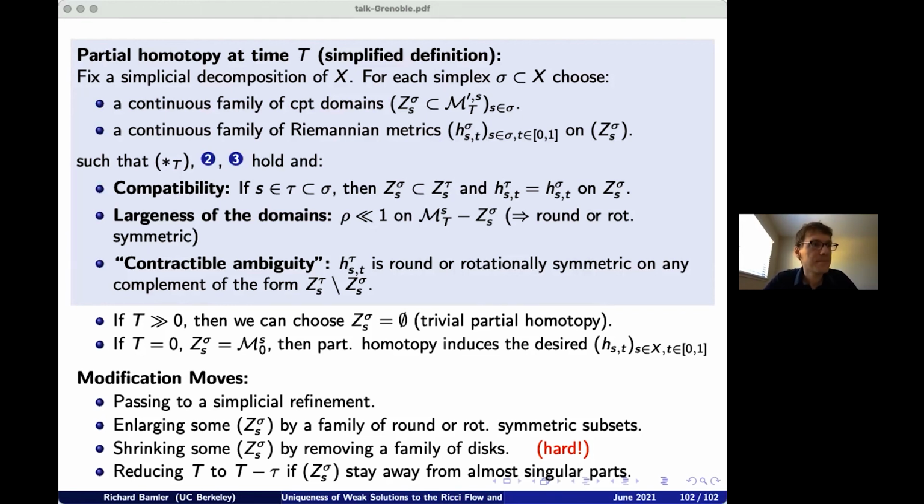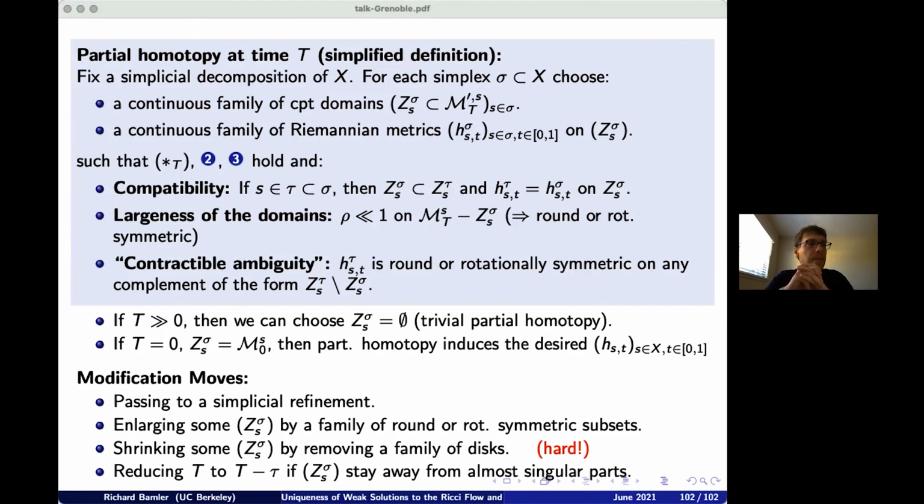There is a question by Antoine: how big is the set of singular times? That's a good question. We don't know any examples where the set of singular times is bigger than finite.